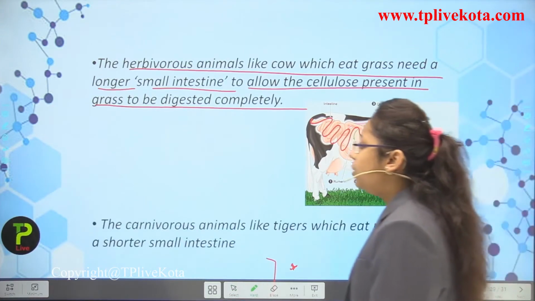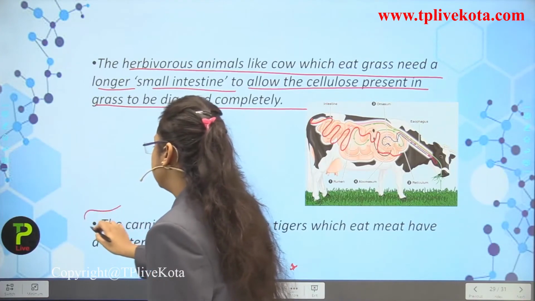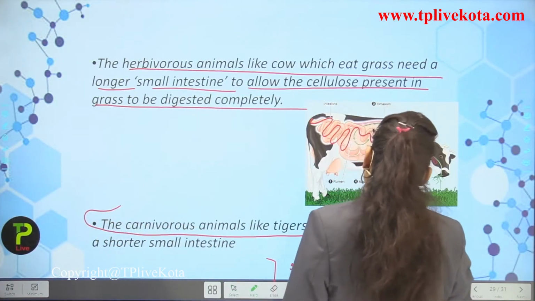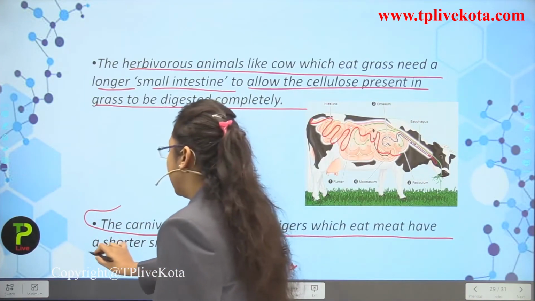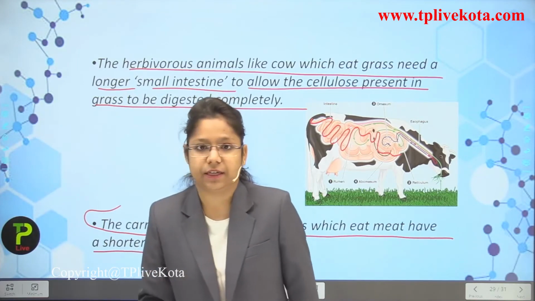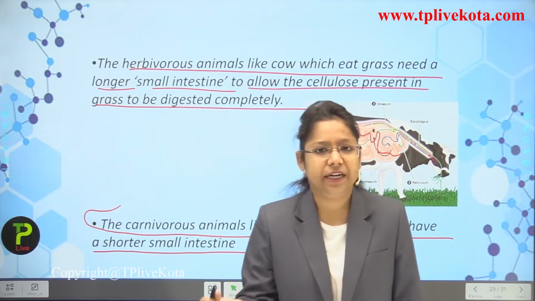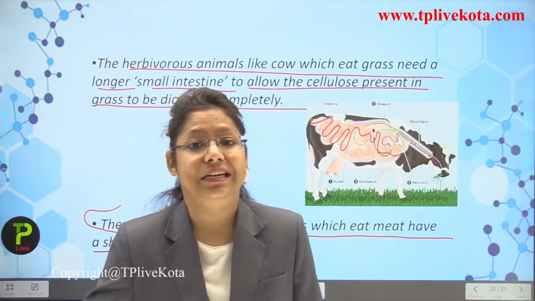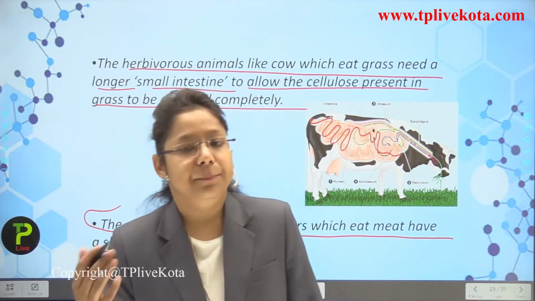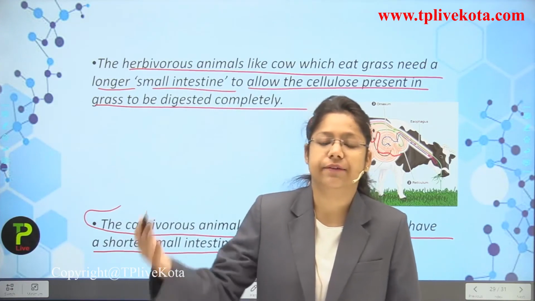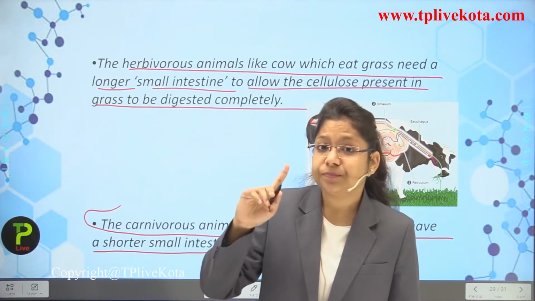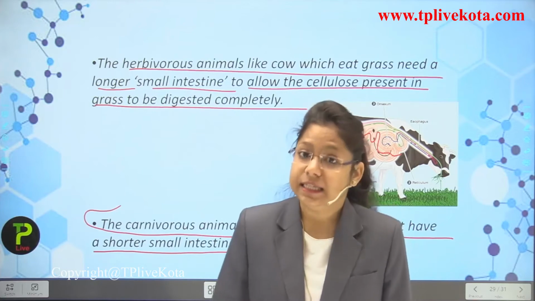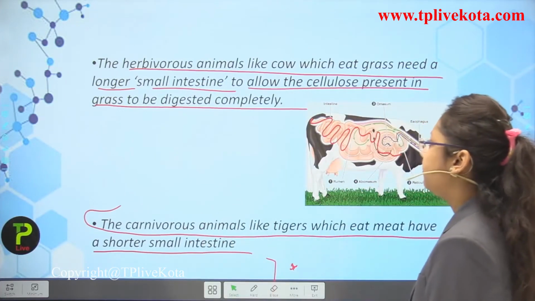Okay. Now the second important fact is that carnivorous animals like tigers which eat meat have a shorter small intestine. Meat does not have cellulose. So they do not need a larger intestine to digest the meat. Okay. So carnivores have a smaller intestine and herbivores have a larger intestine. So they are the two important facts.